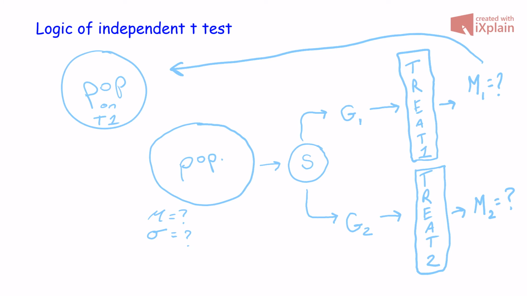It's important to remember that this sample mean right here is trying to represent what this population would be like if everyone in that population was given treatment 1. So this sample mean is trying to represent a theoretical population, or a population that was all on treatment 1.